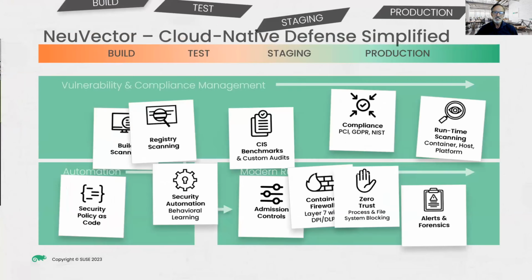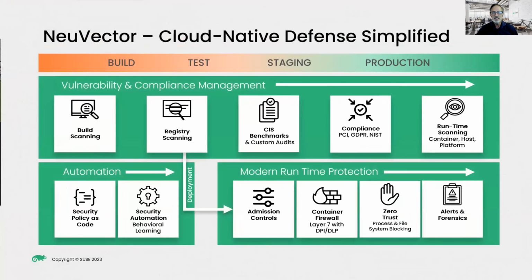And as I mentioned, this sounds extremely complex. SUSE's NeuVector brings all of these requirements into a single, easy to use solution. Vulnerability and compliance begins at build time in the software supply chain. We also check code as it's submitted and then throughout its life cycle.